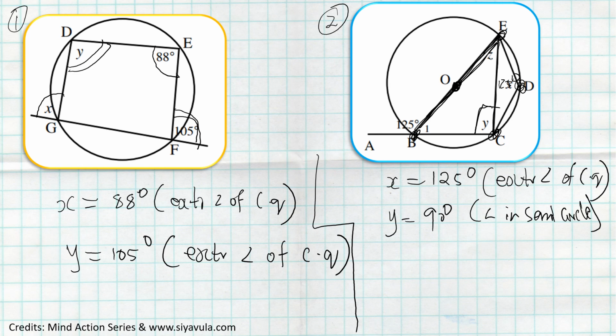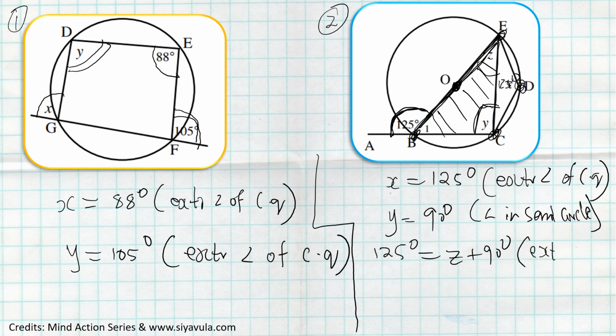Okay, we have to solve for z now. How can we solve for z? It's quite simple. If you take a look at this triangle, you see that you have an exterior angle of a triangle. We also know that the exterior angle of a triangle is equal to the sum of the two opposite interior angles, meaning that we can say 125 degrees is equal to z plus 90 degrees, because we already got y as 90 degrees.